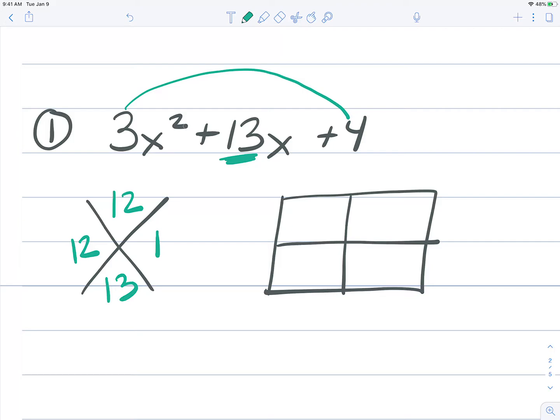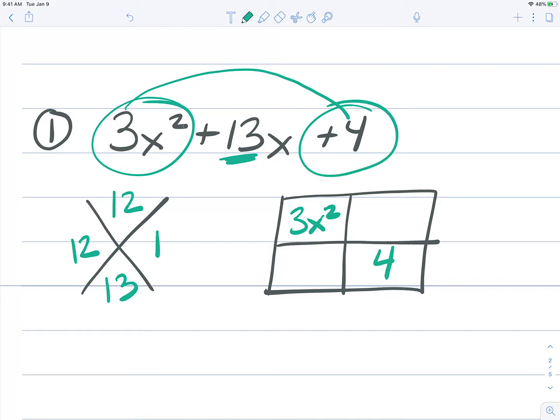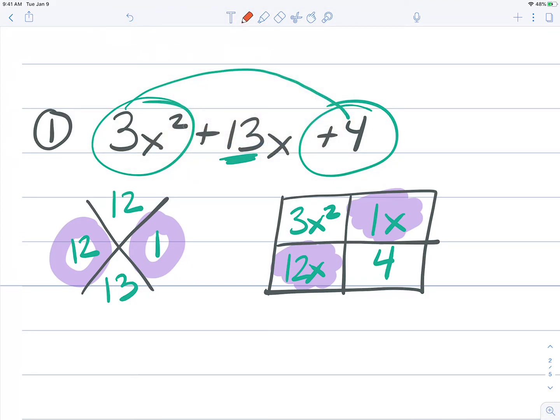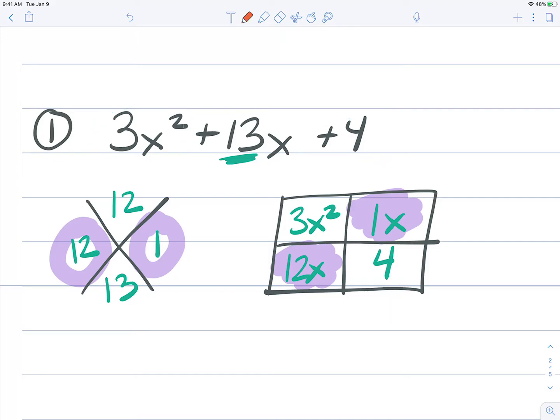Now for the box. The upper left-hand corner is always the very first term, which is 3x squared. And the bottom right corner is always the constant 4. We're going to take the 2 numbers that we just found, and we're going to put them into the other 2 boxes with x's. So this is going to be a 12x and a 1x. Now to finish this, we are going to factor out the GCF of the rows and columns.